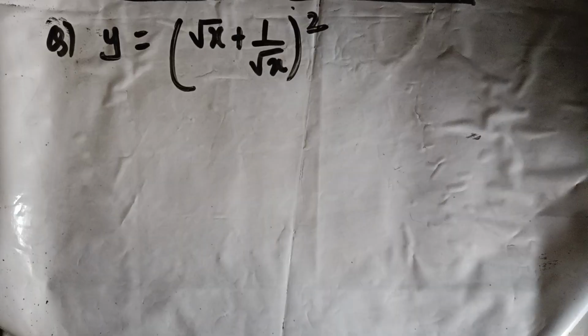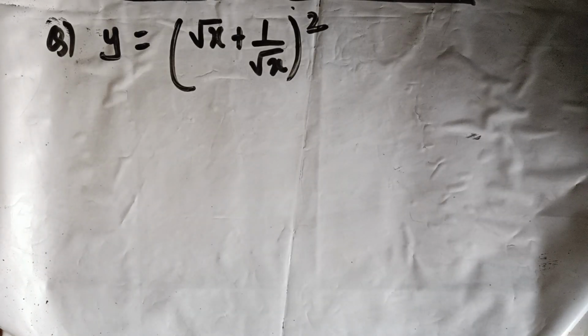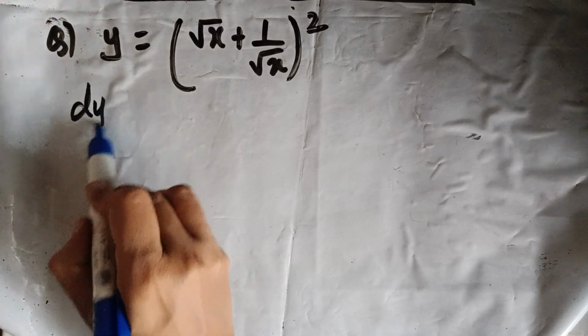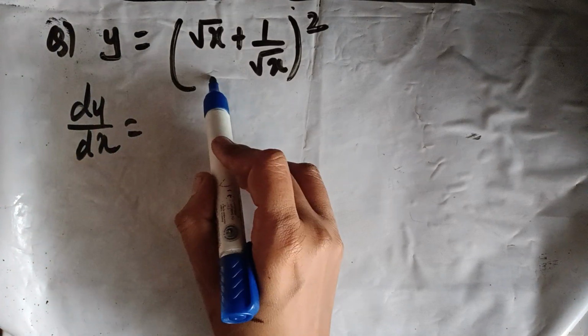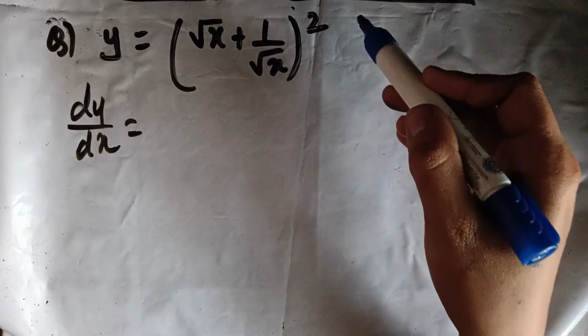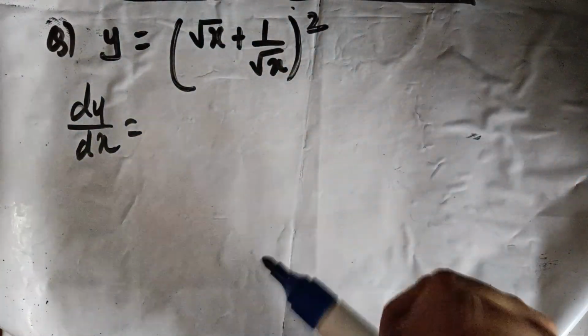Okay. Next question, y is equal to root x plus 1 upon root x the whole square. Okay. So you have to consider this as some x raised to square. That is, we have to use x raised to n formula.